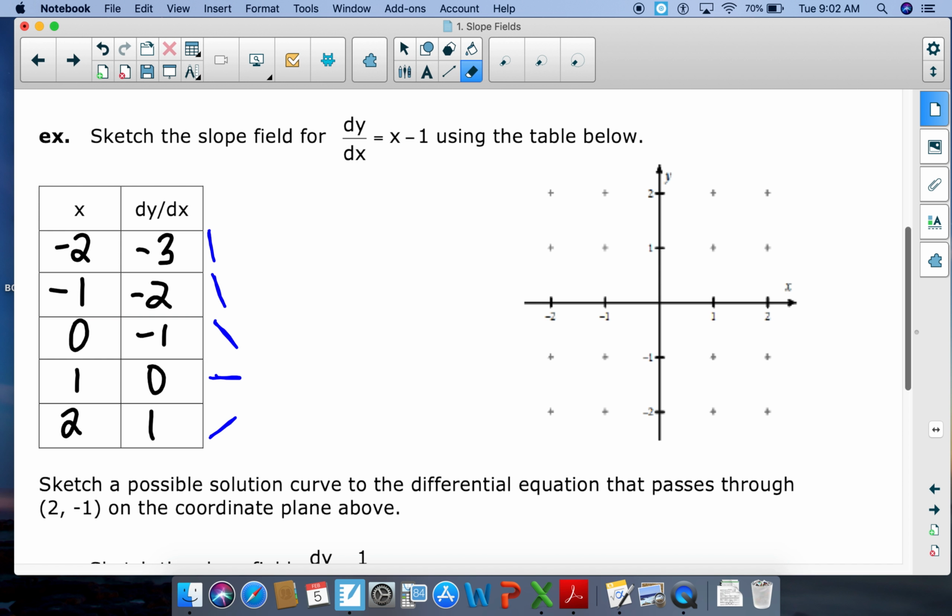So I'm going to take those tick marks that I've set up for myself, and anytime my x is -2, I'm going to draw that type of tick mark at that point. So at -2, I'm going to draw a tick mark on that. Well, if that's the case, at every single point here, isn't my x -2? So that means that every single tick mark, I'm drawing the same type of slope.